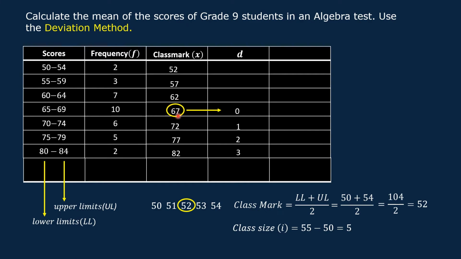62 minus 67 is negative 5, divided by 5 is negative 1. 57 minus 67 is negative 10, divided by 5 is negative 2. 52 minus 67 is negative 15, divided by 5 is equal to negative 3.